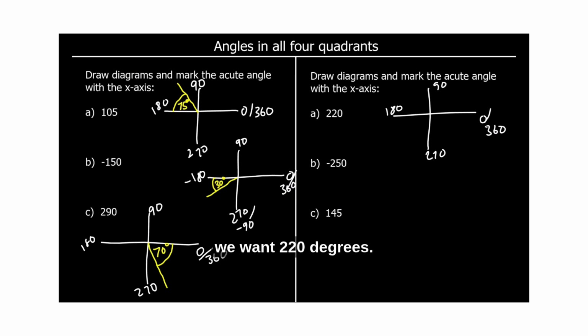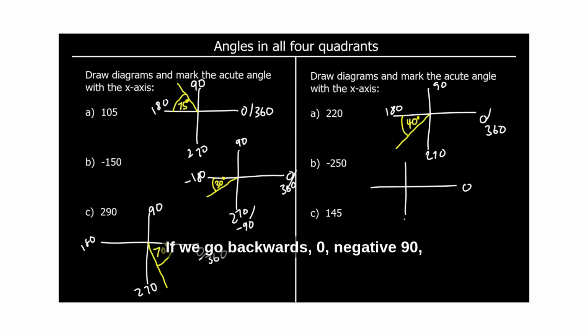So the first one, we want 220 degrees. So 220 is over here. It is 40 degrees away from the x-axis. Negative 250. If we go backwards, 0, negative 90, negative 180, negative 270. So negative 250 is here.